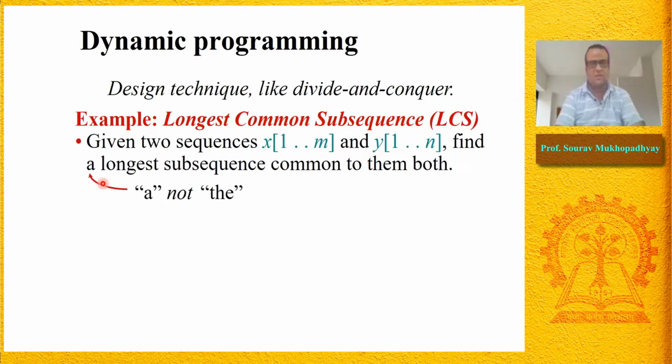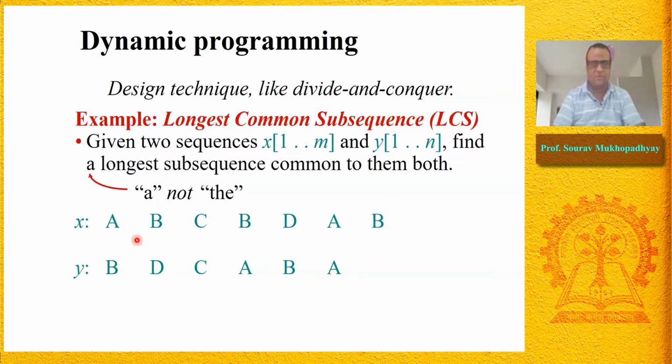For example, suppose we have an x sequence like this: A, B, C, B, D, A, B. This is our x sequence, and this is our given y sequence: B, D, C, A, B, A. We want to find the common subsequences of maximum length.